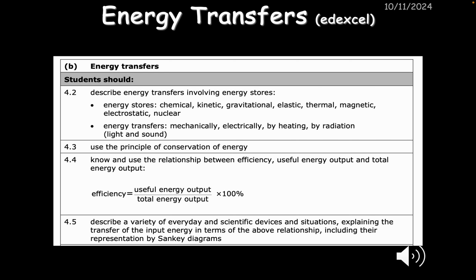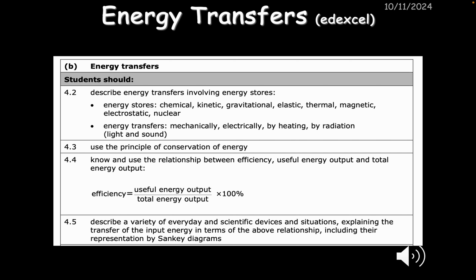So for example, here's the list. There are 8 energy stores, and then there are 4 types of energy transfer. So differentiating between stores of energy and transfers of energy. So I'm going to explain that using the following slides.